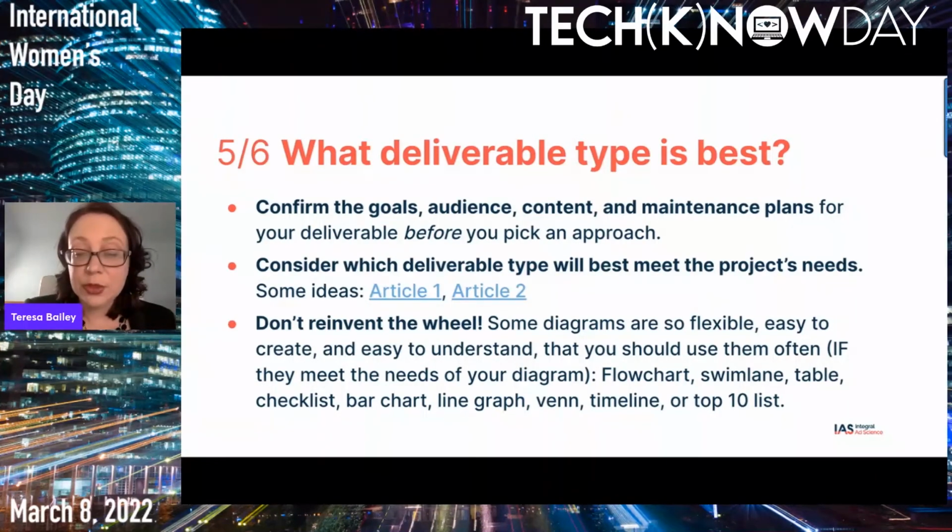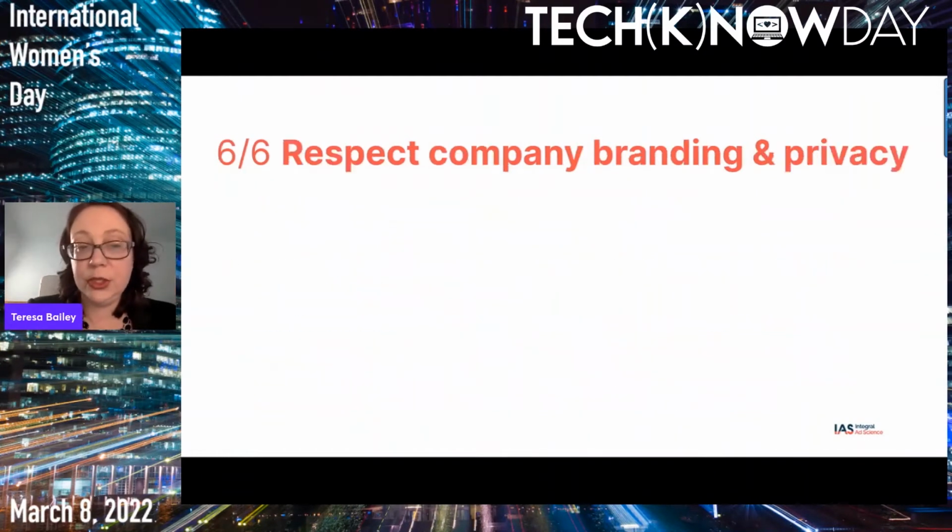But for the vast majority of you, the vast majority of the time, you want to use these more common ones: flowchart, swim lane, checklist, Venn, because this is going to really resonate with people. They won't have to think about understanding your diagram. They're going to focus on the content, which is what you want.